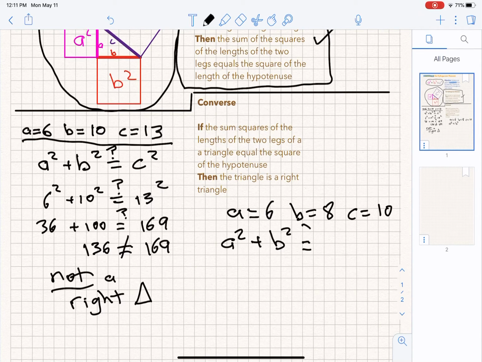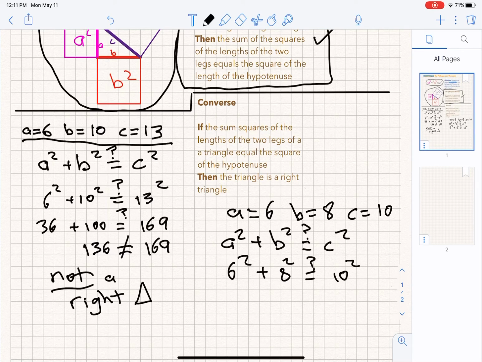You're going to apply the Pythagorean theorem to situations like this. This is going to be 6 squared plus 8 squared. And we want to know, does that equal 10 squared?